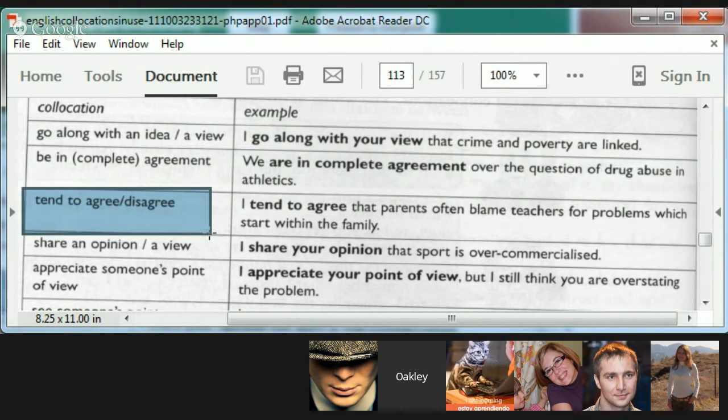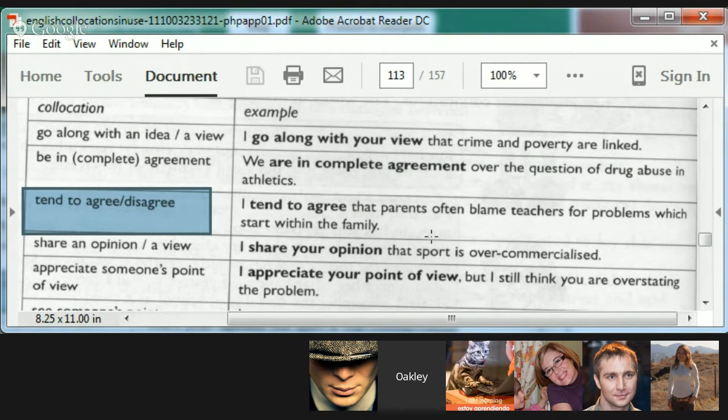Next one here. Anna. I tend to agree that parents often blame teachers for problems which start within the family. It could mean like slightly agree.